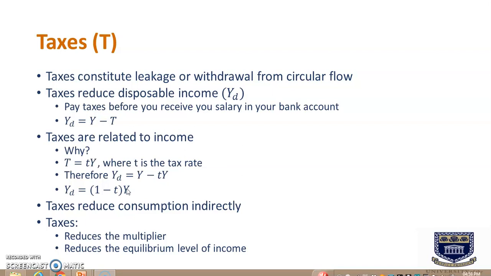The introduction of tax thus reduces the size of the multiplier. We can summarize that the introduction of a proportional tax leaves autonomous spending unchanged. It reduces the multiplier, alpha, and it will reduce the equilibrium level of income, Y0, ceteris paribus. We will evaluate all these outcomes shortly.